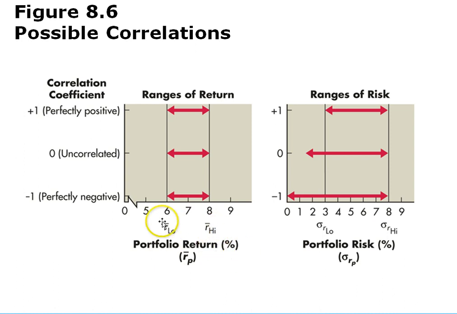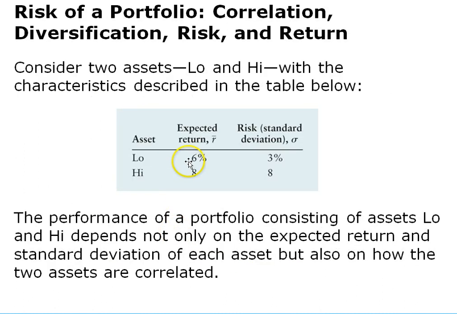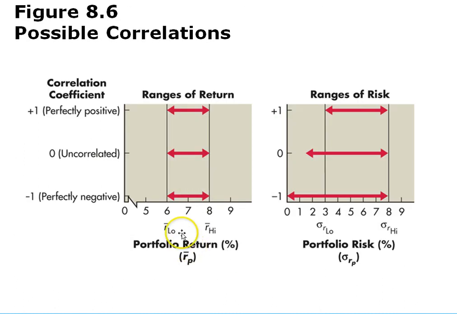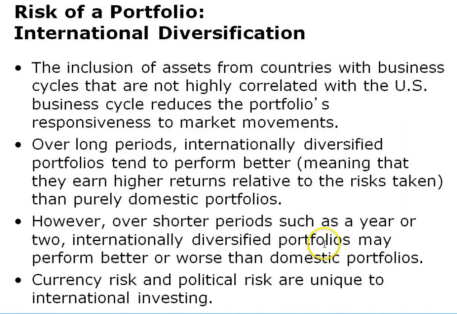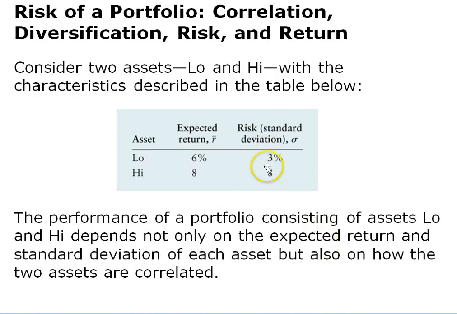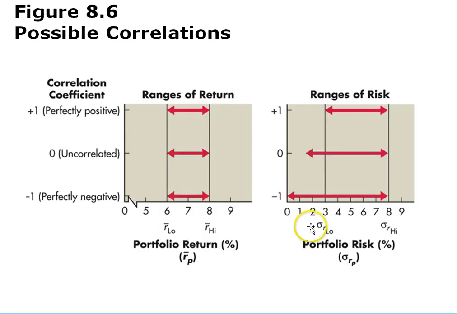Now, this is the rate of return from the high to the low. So if we go back, we see it's 6 to 8% expected return. So our expected return is between 6 and 8%, and this return is going to be in any relationship of correlation. But the portfolio risk, if we go back and look at the portfolio risk, the standard deviations are 3 to 8%. So we're going to have a range.